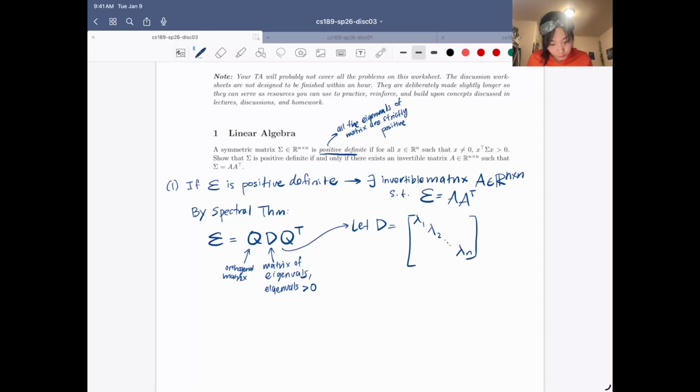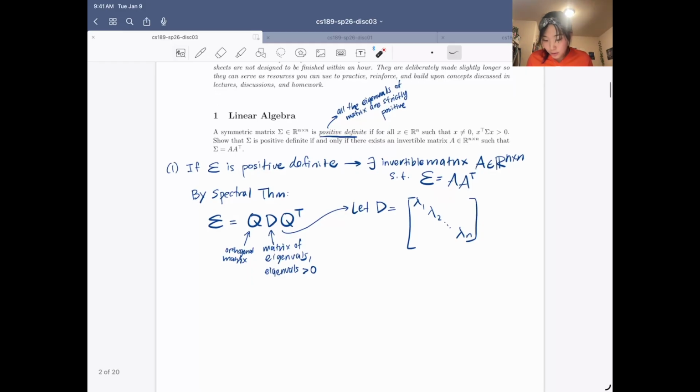And remember, all of these values are greater than 0. Q and Q transpose almost look like this shape. But if I can break down this D somehow, such that it also fits this format, then we would have proven this first part.